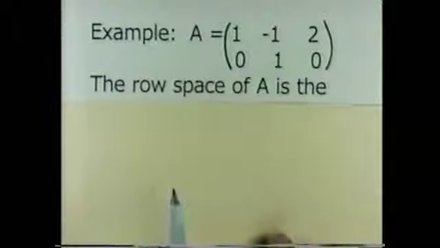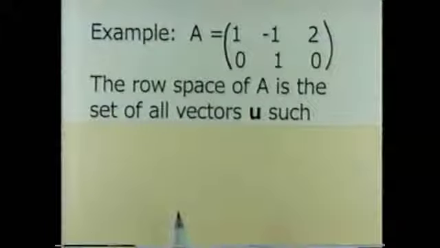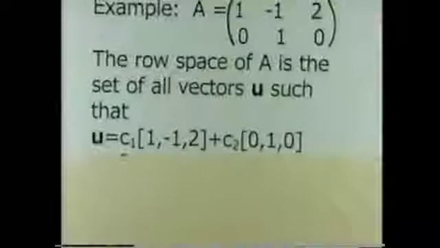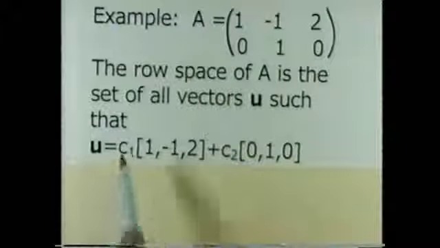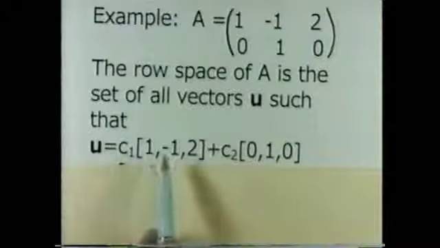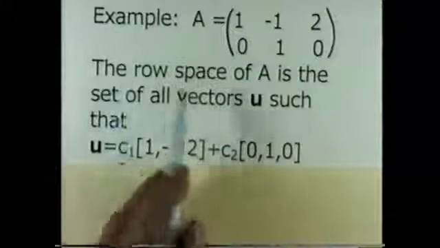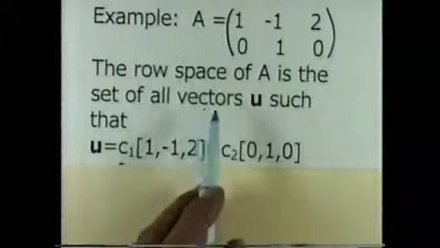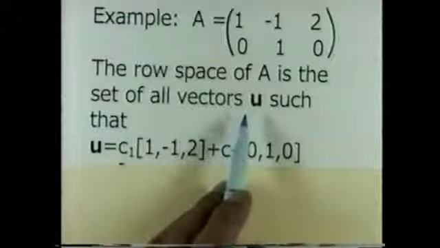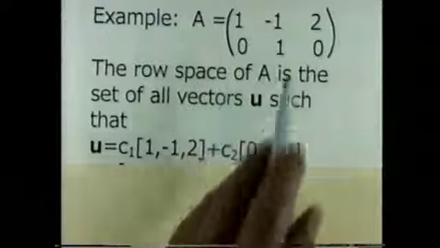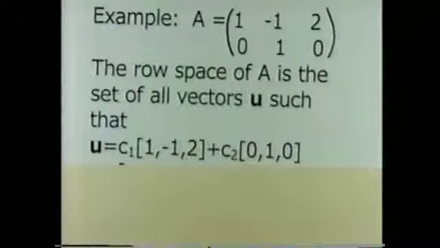The row space of A is the set of all vectors u such that u = c1(1, -1, 2) + c2(0, 1, 0). So the row space of A is the set of all vectors u that are a linear combination of the row vectors.